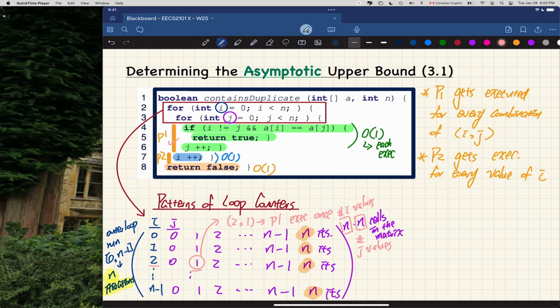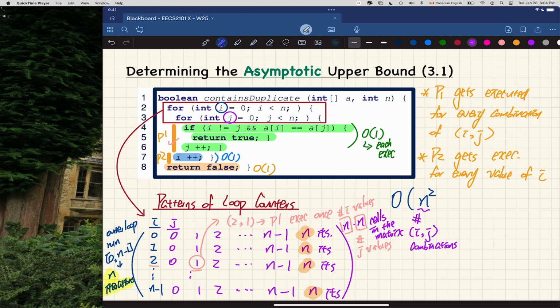All right, so let's now figure out exactly the running time, Big O. First of all, I'm going to calculate this part over here. I know that the number of cells in the matrix will be n times n, which will be n squared. So n squared over here is the number of ij combinations.